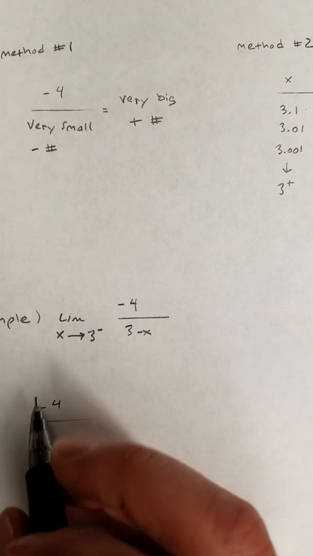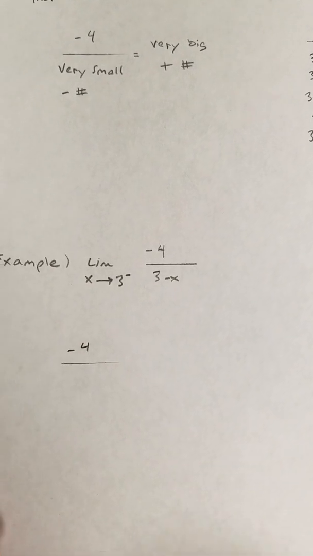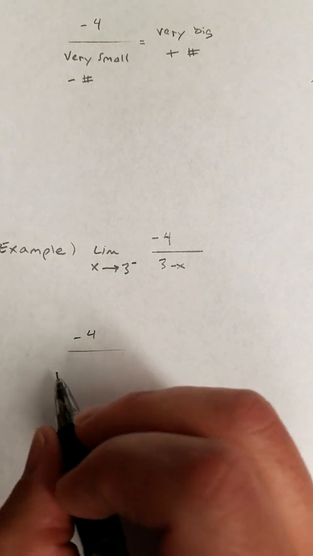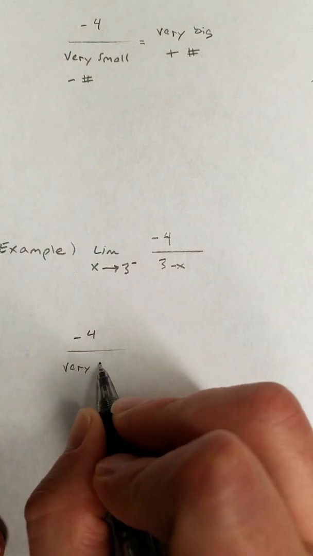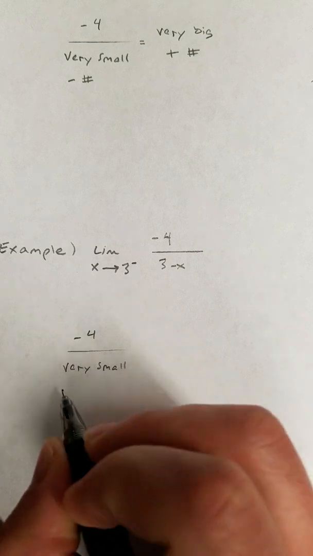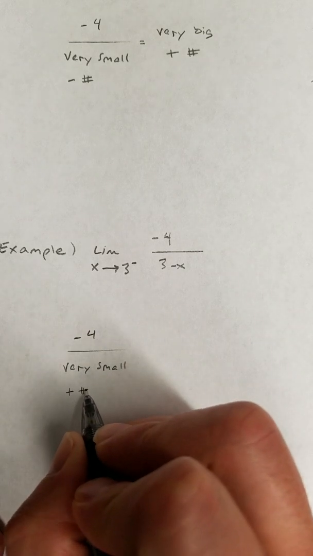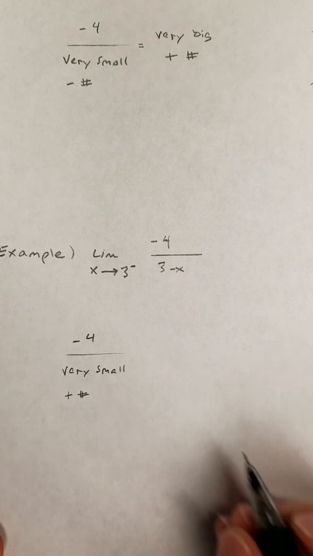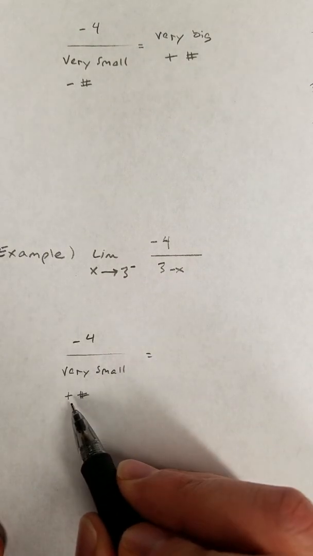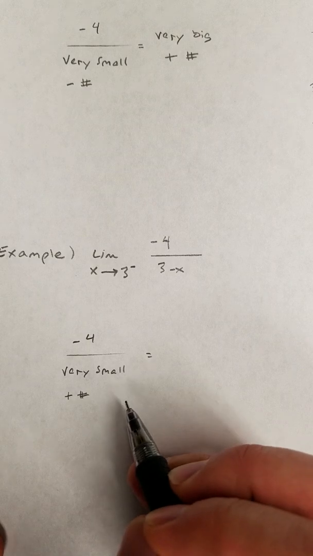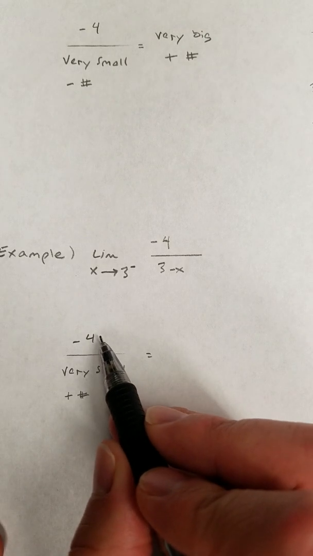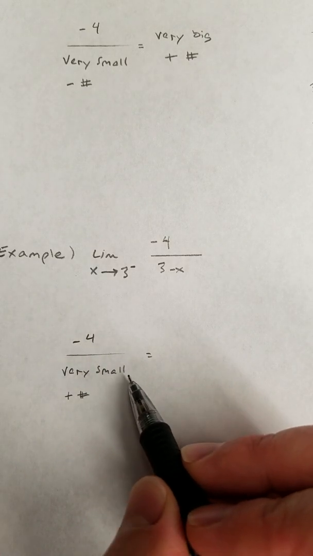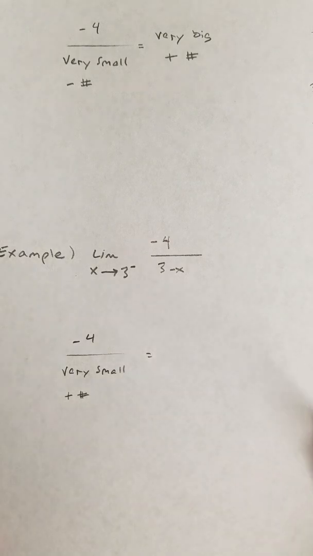So the way that the calculations are going to look is -4 over a very small positive number. Okay, -4 over a very small positive number. Well, a negative divided by a positive is negative. But when you take something and you divide it by a small number, you get a big answer. That's the way division works.